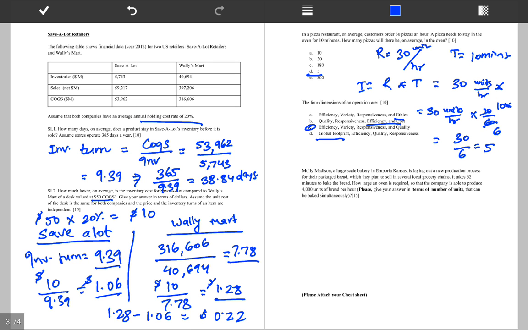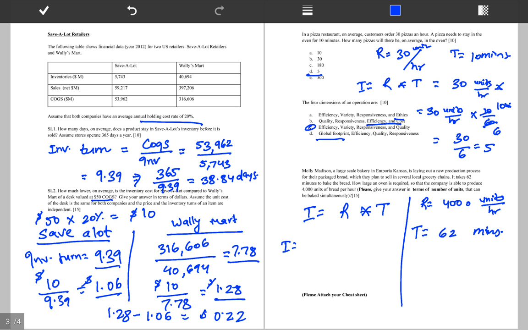The next question, which a lot of people got wrong, is nothing but just interesting numbers. What I've asked is, the rate is 4,000 units per hour, and the T is 62 minutes. Then what should be the inventory?